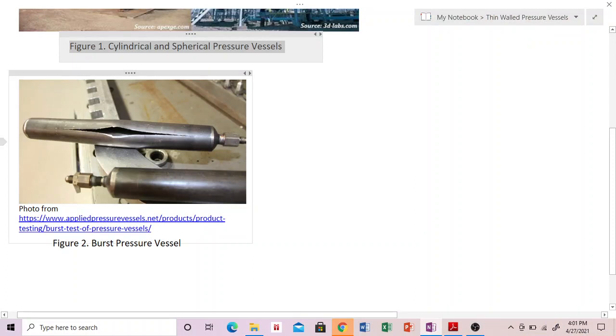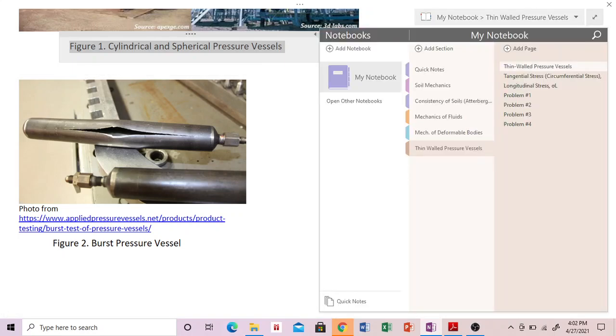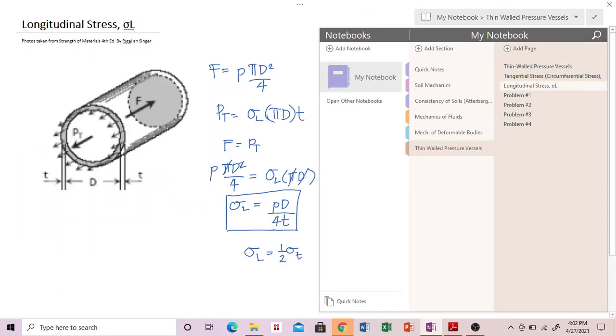Kasi, kapag nag-burst, ganun yung, bibiyak siya dito. Unlike nang yung pressure niya na pupunta dito, mahaba yung nag-resist sa kanya. So, mas unang mag-fail dito sa figure na to. Ganyan itong pinapakita sa figure. Okay. So, balik na tayo.